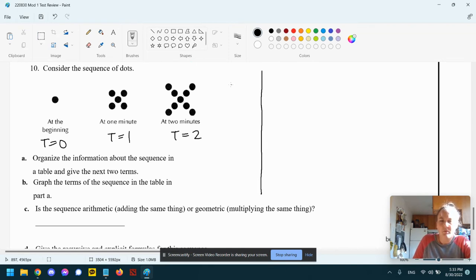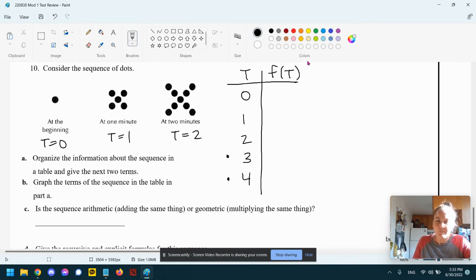So for a table, I said when time is 0, 1, and 2, and the next two terms. My number of dots, so my f of t, is 1, because there's 1 dot here. 5, because there's 5 dots here. And 9, because there's 9 dots here.